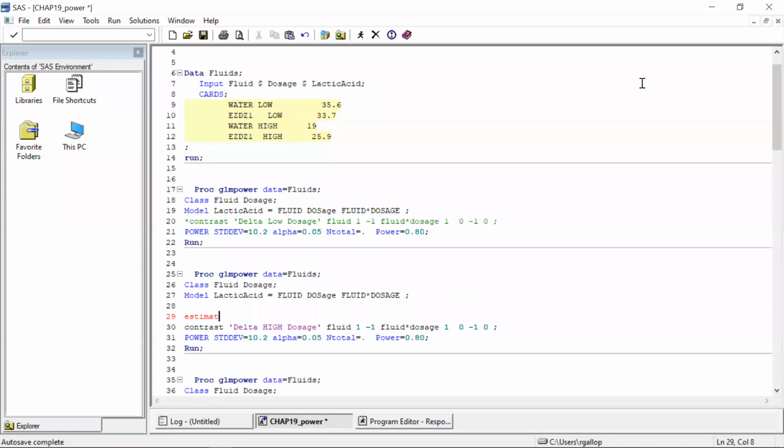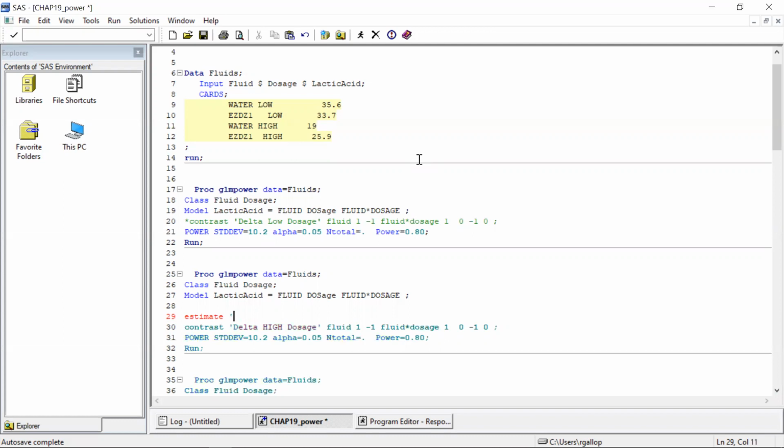If we were looking at this as a typical GLM, general linear model, and building the estimate statements in proc GLM, we would just do the same thing here. Let me make sure I type it right. You see it's red in line 29 because the estimate statement is not part of GLM power.